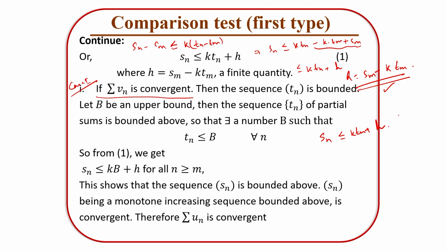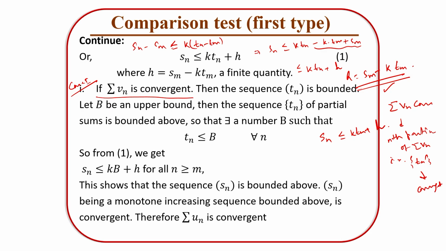Now if Vn is convergent, case 1, we are dealing with case 1. Suppose Vn is convergent, that means the sequence Tn of nth partial sums of this series Vn is convergent.